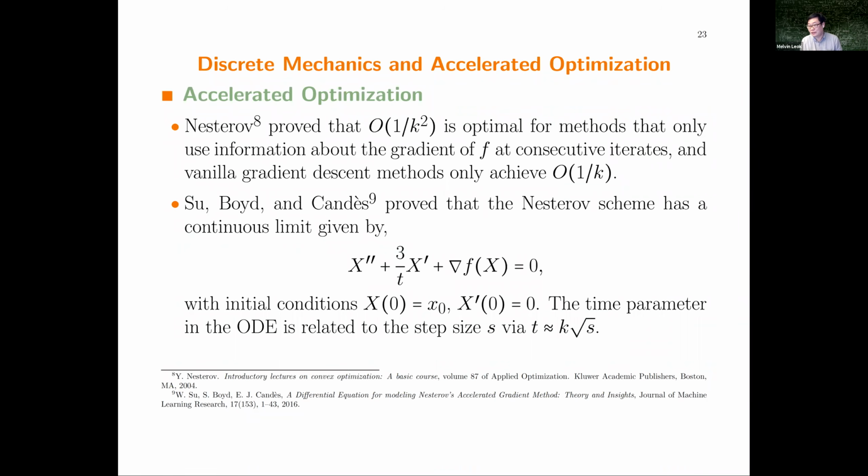Oftentimes that's enough, because the error becomes sufficiently small that you can terminate before the method goes unstable, or something bad happens, which then limits you to this asymptotic rate proved by Nesterov. The other thing is that this asymptotic rate is also potentially pathological. It's proved to be the worst case, but it's quite possible that in the average case you could perform better.